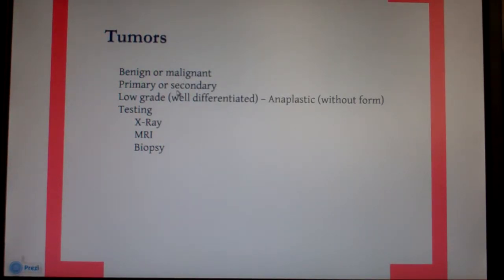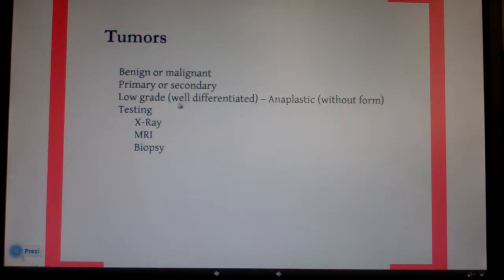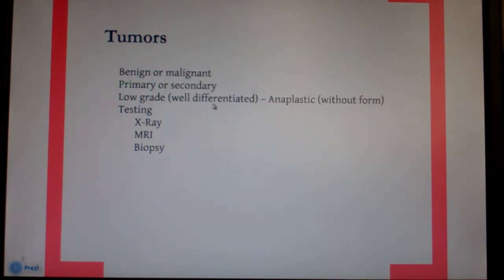A low-grade tumor, that's what we say is well-differentiated. So that's another word for it. A low-grade, well-differentiated tumor is similar to the kinds of cells it started with.